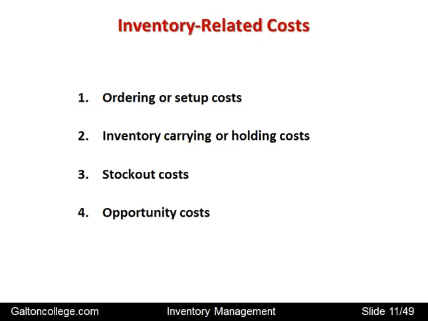Then we have the opportunity cost. This is a term often used in economics, and I think it was originally developed in economics. This is the cost of the next best alternative foregone. That is the proper definition. Whatever we do in life on a personal level, we have opportunity costs.